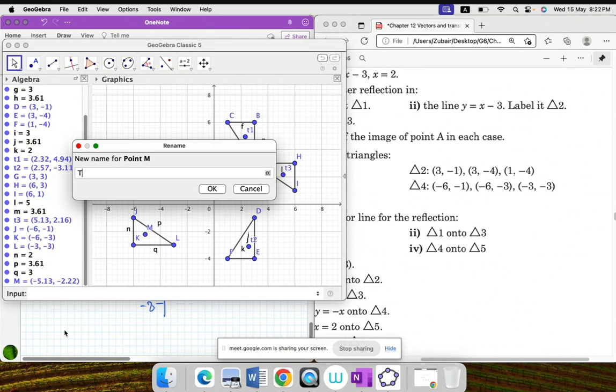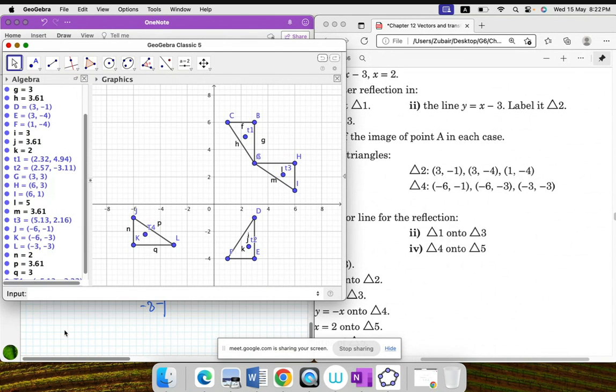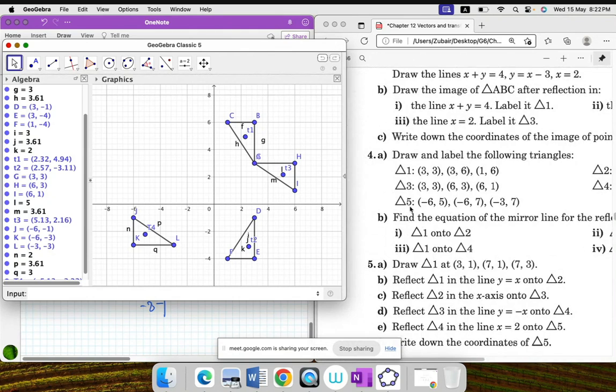This is triangle 4. Last one, then we'll attempt the question. Minus 6 comma minus 5, minus 6 comma minus 7, minus 3 comma 7. Oh, that's a mistake.